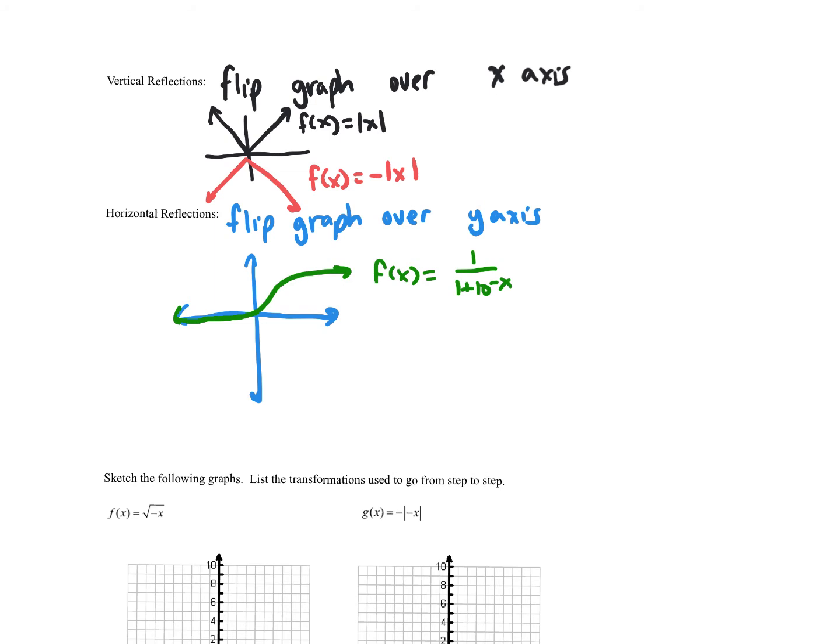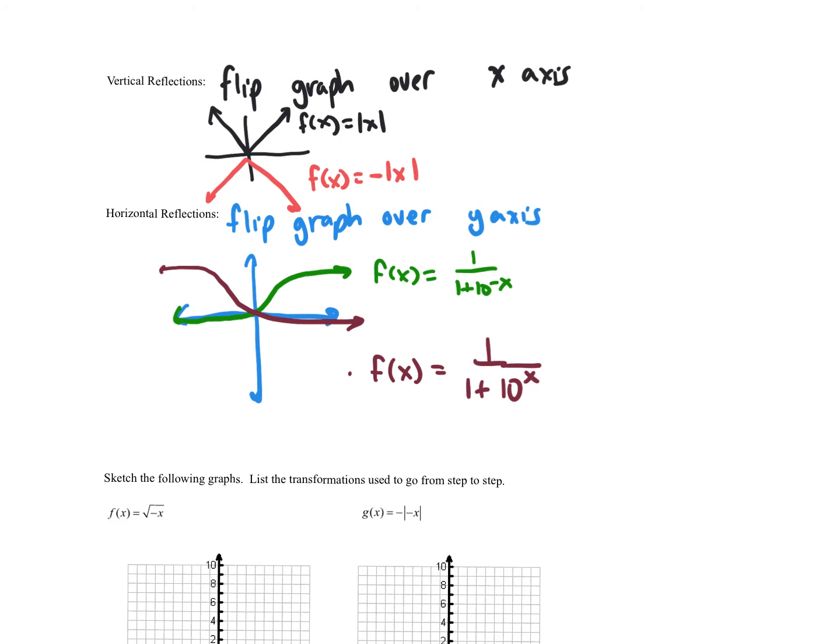If I want to flip it over the y-axis, the flipped version is going to look something like this, where everything gets flipped to the other side. And the way we do this is we look at the x value, and we just change the x to the opposite sign. So this would just be 1 over 1 plus 10 to the x. The negative x just becomes positive x. So there are our reflections.